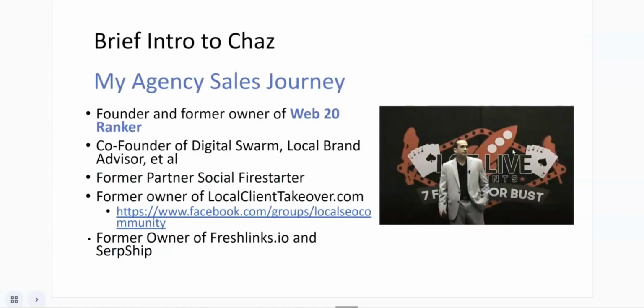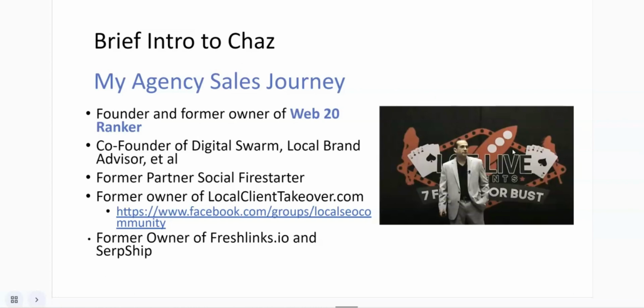But first, a brief intro to me and my journey in agency sales, helping build systems, scale systems, seeing what worked and what didn't over the years. I'm the founder and former owner of Web20 Ranker. I founded that in 2015, grew it for years before I sold and exited in 2023.